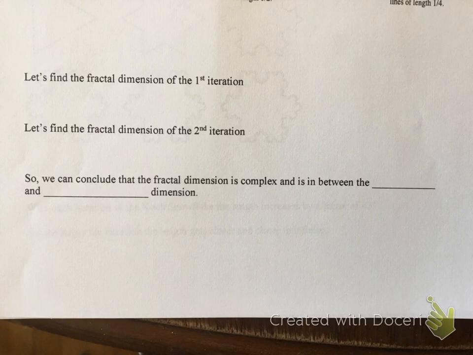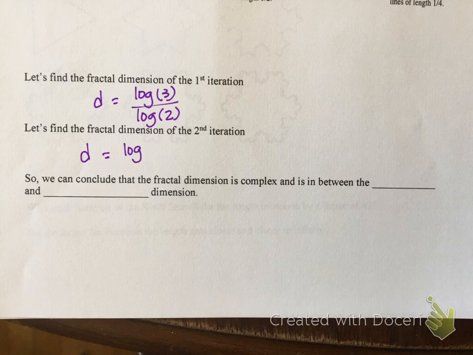So the fractal dimension of the first iteration is d equals log of 3 over log of 2, and the second iteration was d equals log of 9 over log of 4. When you enter this in your calculator, you're going to look for a key that says log, which stands for logarithms, and you're going to use it.